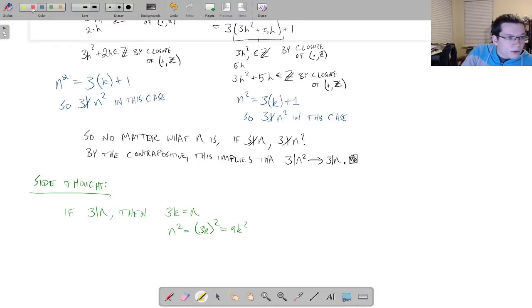So if 3 divides n, then 9 divides n squared, which is an intuitive fact, and it makes sense, but it makes even more sense when you think backward to 3 dividing n squared. I don't know, I just found that to be a very interesting, very cool side note.